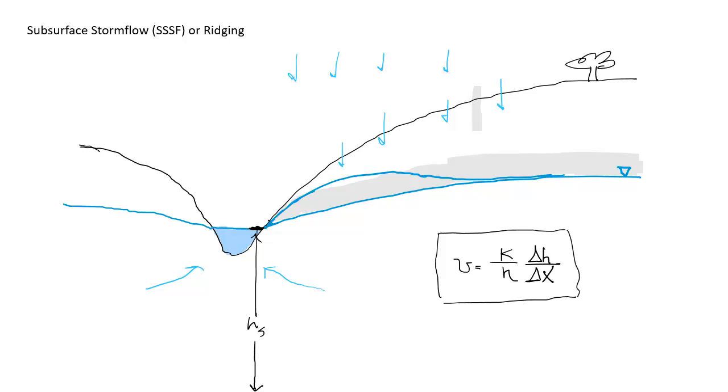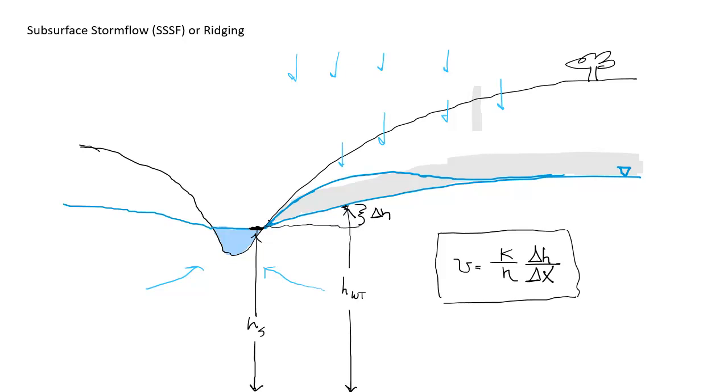So previous to the storm, this would have been a point on the water table here, and let's call this the head in the water table. The difference that drives the flow is this difference in head, divided by the distance.